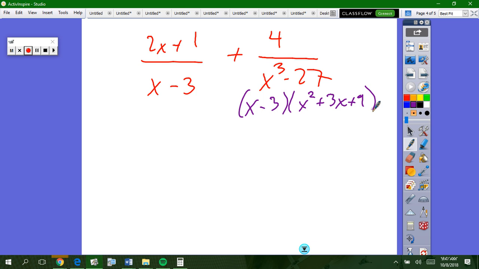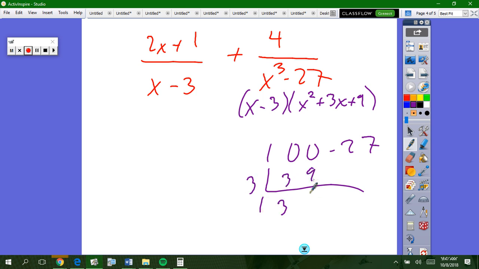Just getting the a and b, right? Just take the cube root of both numbers. Watch what I can do here. I'm going to do synthetic division with 3. x squared plus 3x plus 9. If you struggle with it, just go through synthetic division with it. Does that make sense?